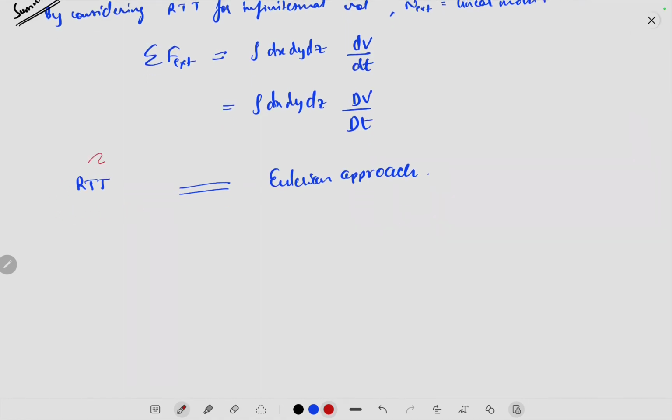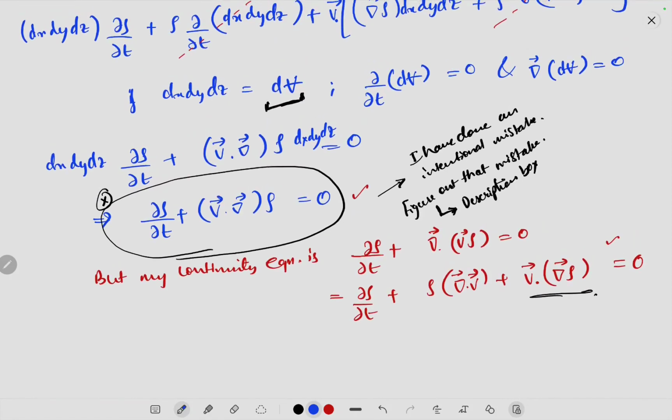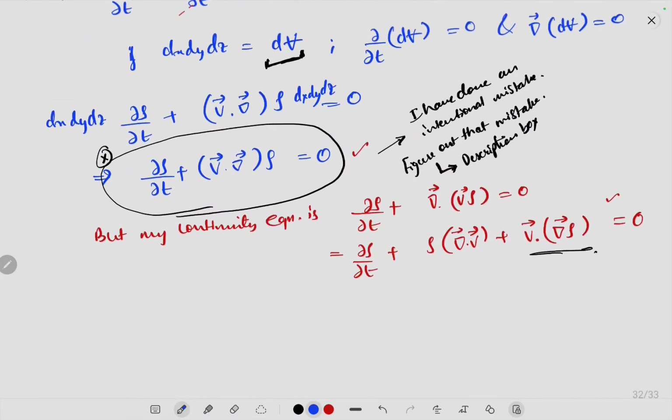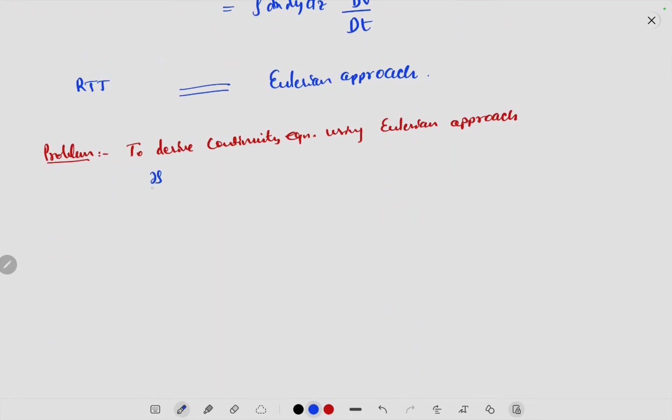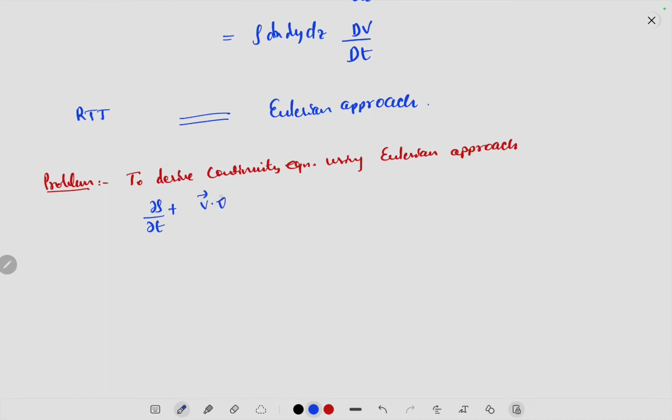So that you can appreciate the concept of the Reynolds transport theorem more, I gave you a problem to derive the continuity equation using the Eulerian approach. Intentionally I made a mistake while deriving the continuity equation from the Eulerian approach, and I reached ∂ρ/∂t plus v dot grad ρ equal to 0.